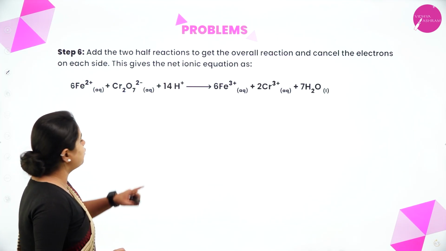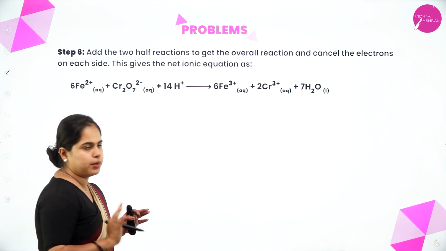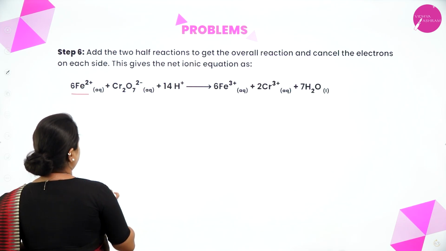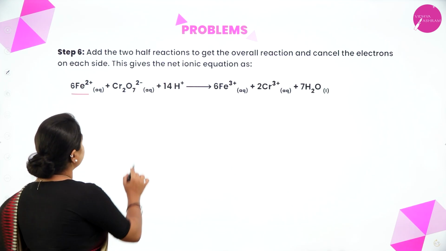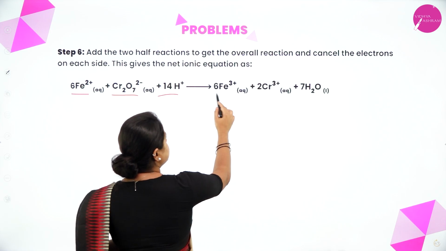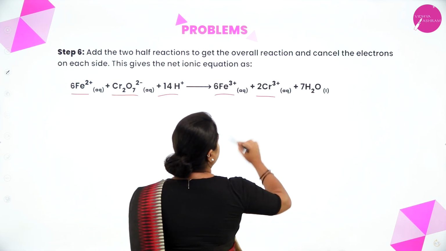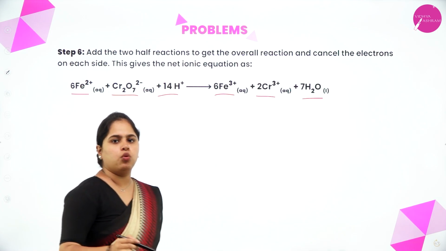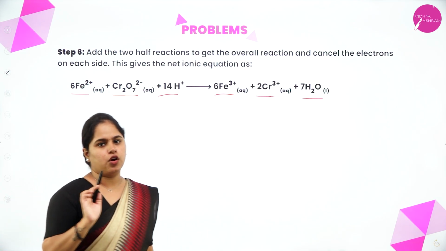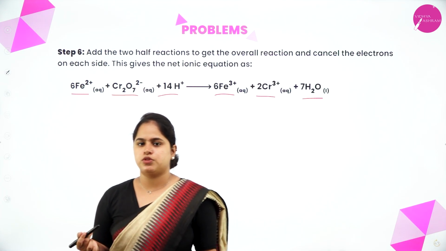Whatever is left, you can combine and write, and that will be your final balanced redox chemical equation. So 6Fe2+, Cr2O7 2- and 14H+ ions gives 6Fe3+, 2Cr3+ and 7H2O. So this is the balanced redox reaction. I hope it is clear how you are supposed to do this in acidic medium.